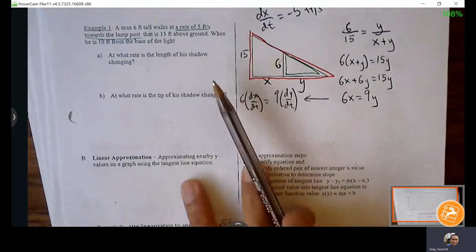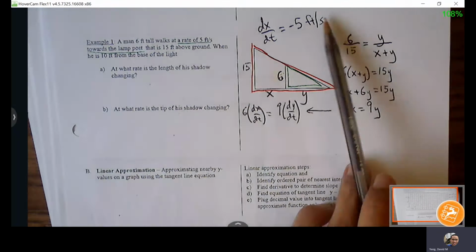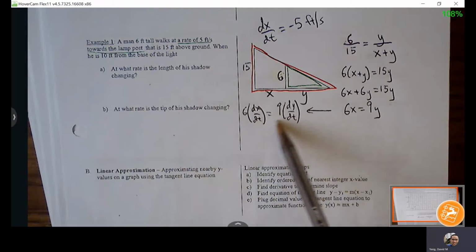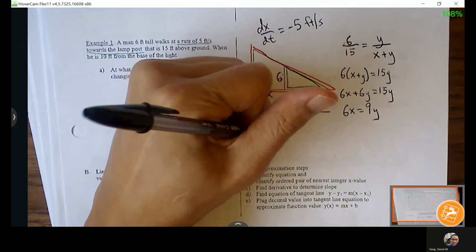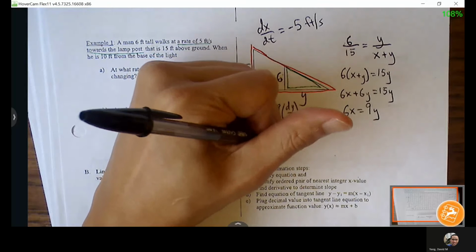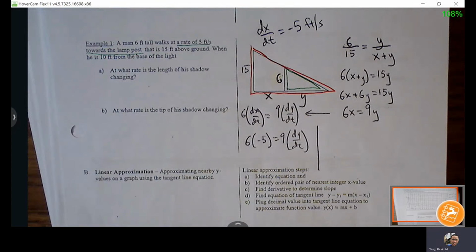Okay, so how do we solve for dy/dt? Plug in -5 and do the algebra. Yep.